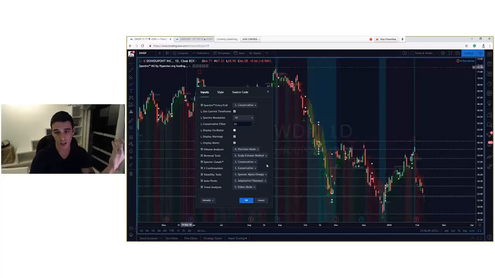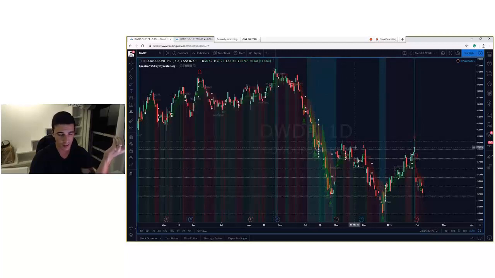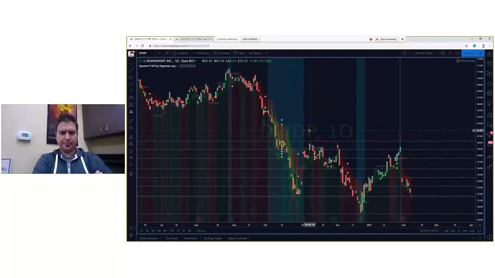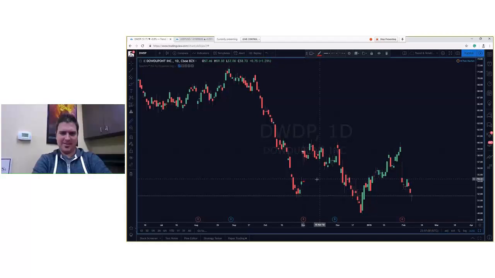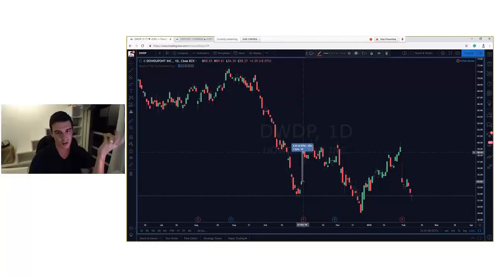Even the most conservative versions of it light up all over. And the problem is when it comes to stocks, you have gaps, and gaps are dangerous. For instance, look at this gap here, where it opens here and then where it opens here. That's crazy. It's a huge gap, 10%.